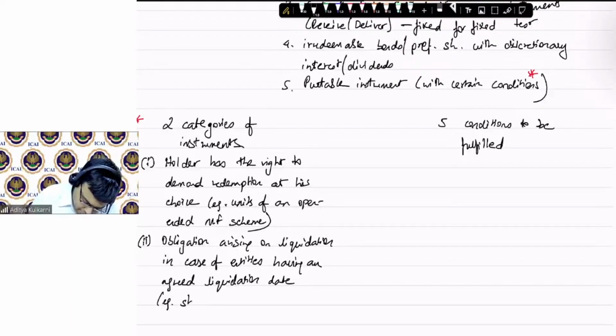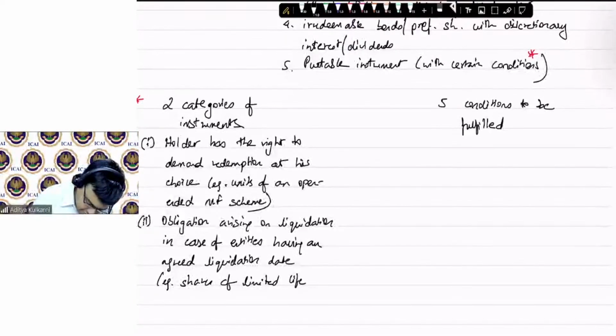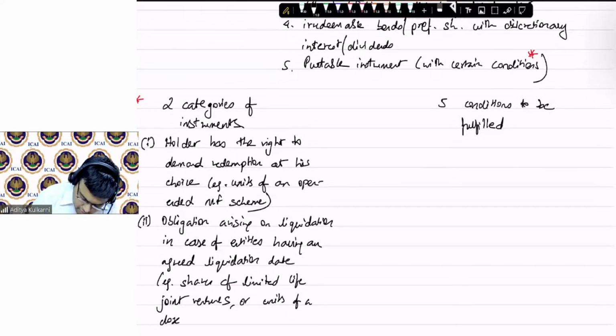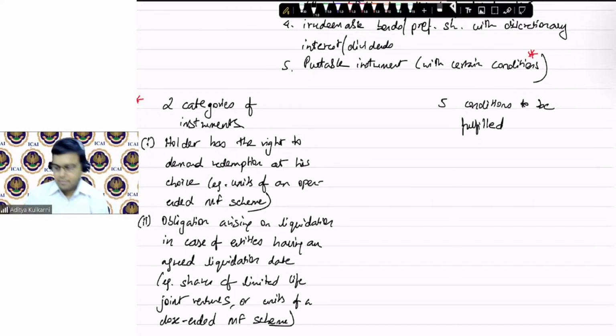Example, shares of limited life joint ventures or units of a close-ended mutual fund scheme.